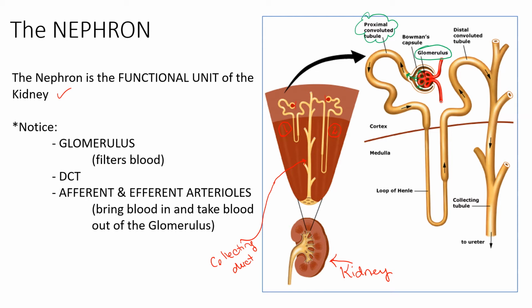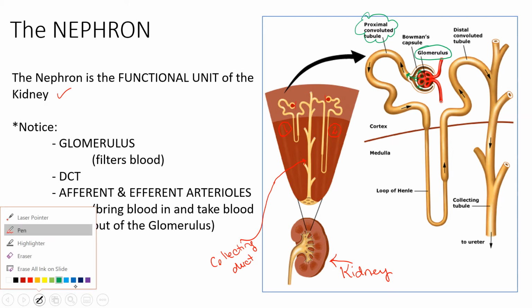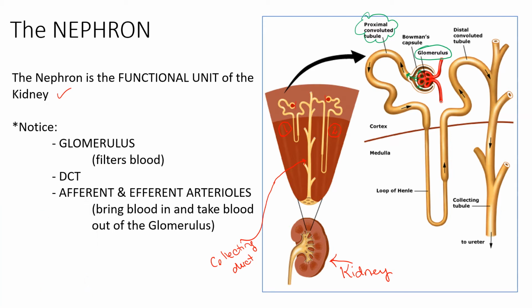With the glomerulus, you have two blood vessels associated with it. On this picture, it doesn't really tell you which is which, and that's okay. We're just going to guess.